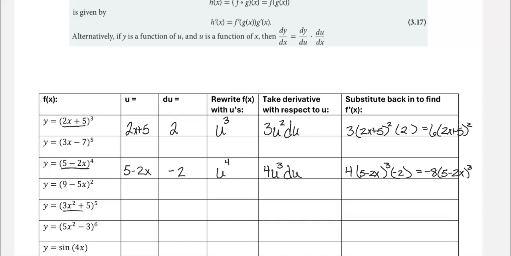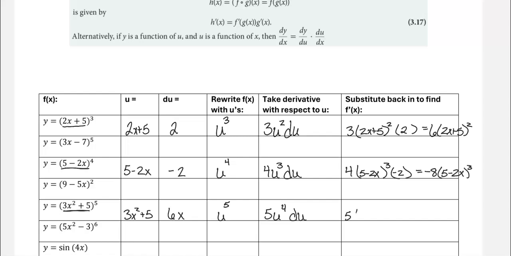Okay, let's look at another one. Let's say we want to look at this one. Inside function would be 3x squared plus 5. The derivative of that would be 6 times x. So if I rewrite this, this is going to be u to the fifth. The derivative is 5u to the fourth times du.